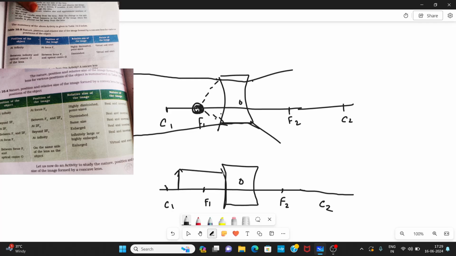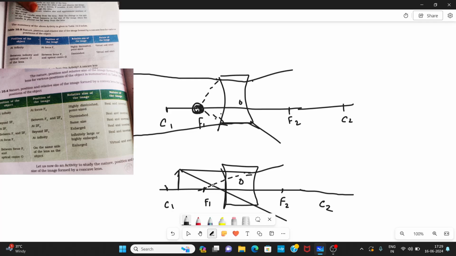My incident light will tend to diverge here, and it will virtually appear to meet at f1, and the rays which are passing through the optical center will go through it.